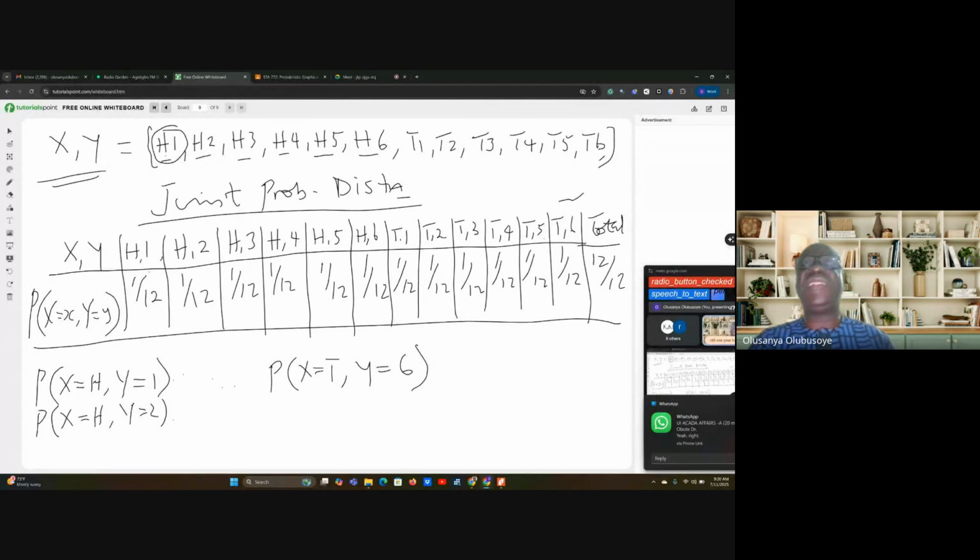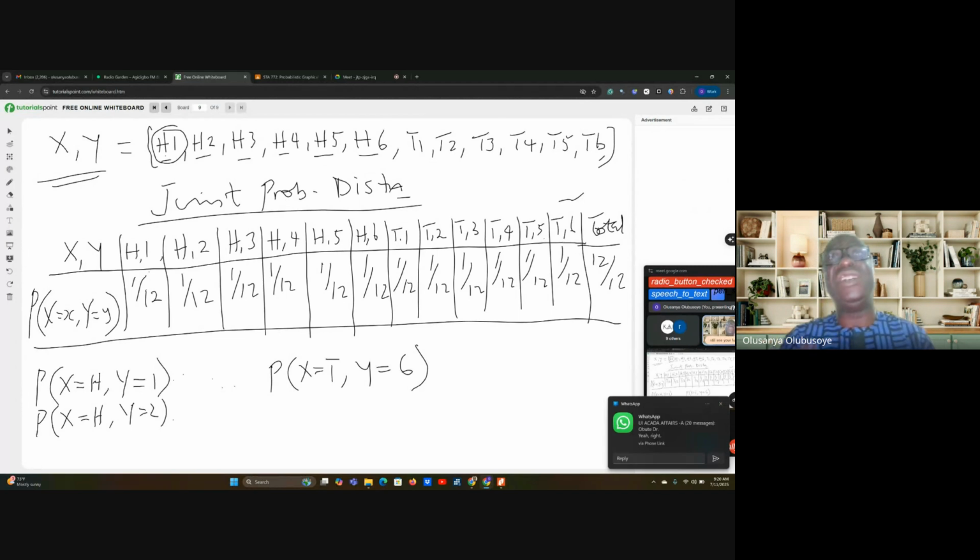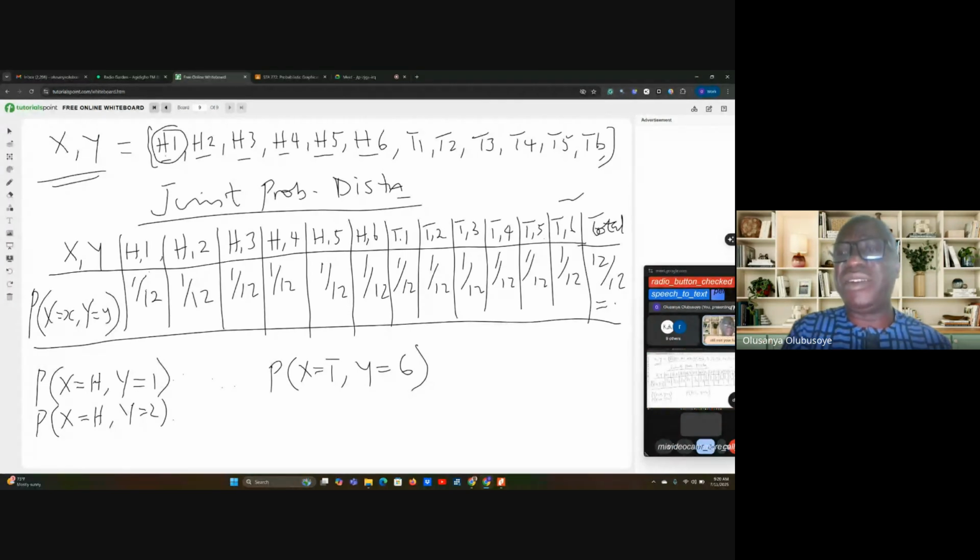The other thing is that the total probability, even in the joint probability distribution, sums up to 1. So that is the joint probability distribution.